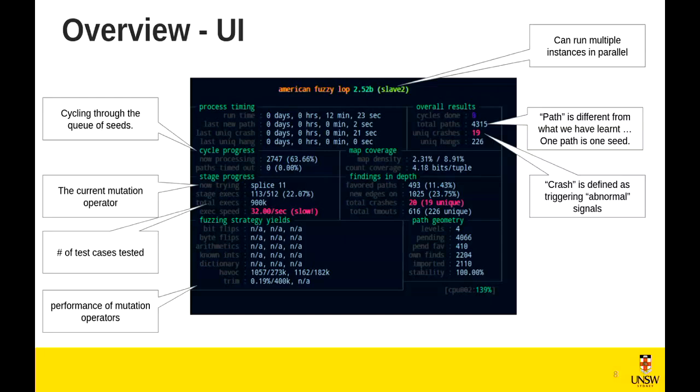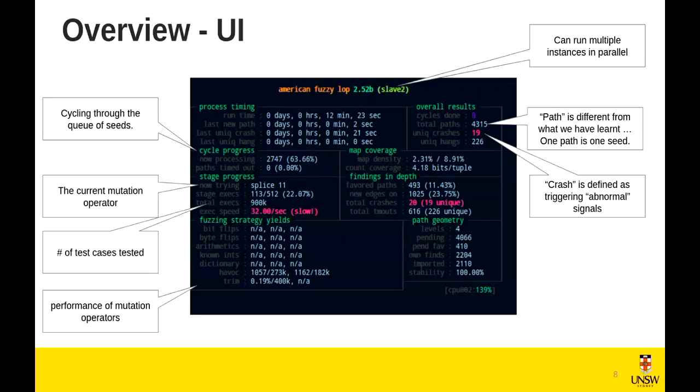For example, if we run into an abort, like an assertion failure, the signal value will be 6. If we run into a floating point error, which is often related to divide by 0, the signal is 8. So we can use different signals to check whether we run into crashes or not.